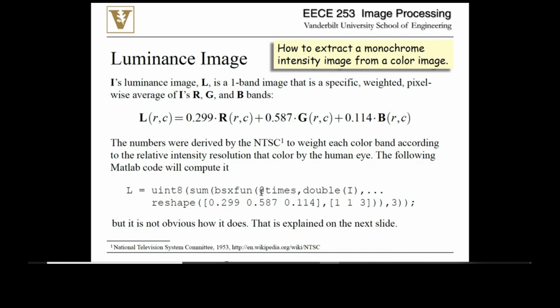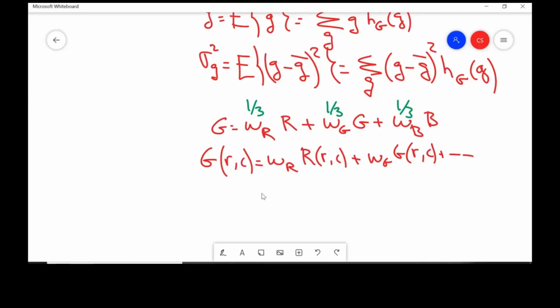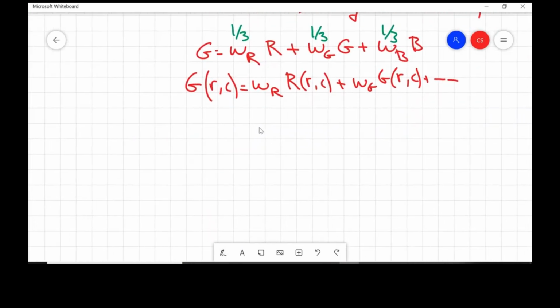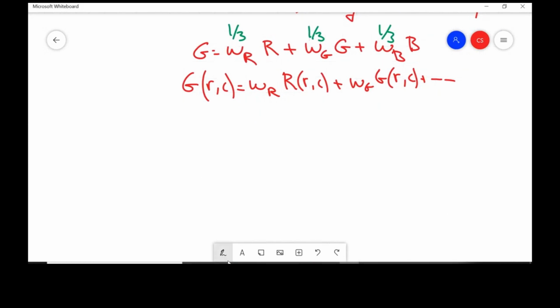And here it is NTSC. Do you know what is NTSC? Some of you, well, most of you really understand this. Okay, so currently all the TV is HD TV.